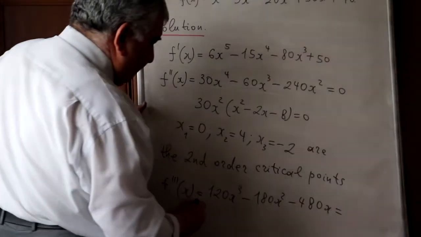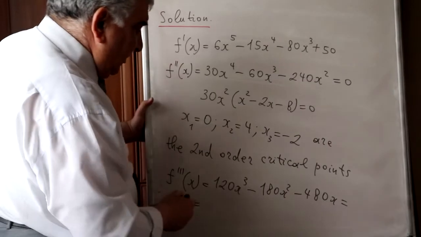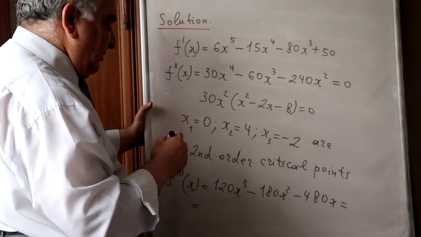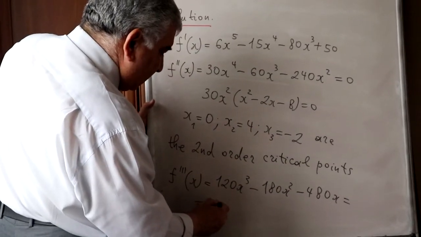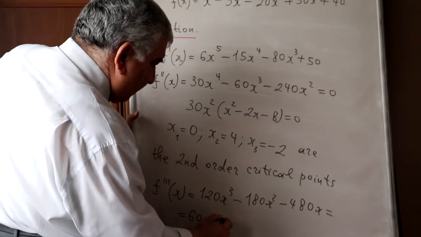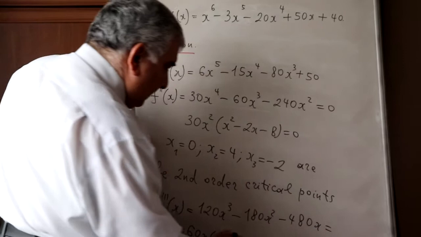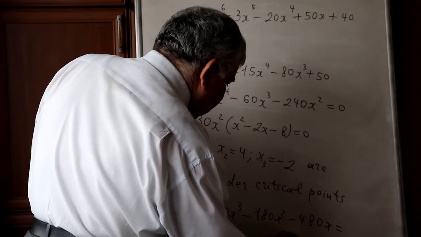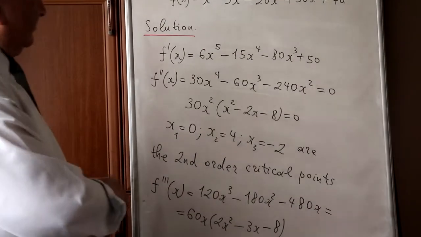For comfortable calculation, here we can take 60x out of the parentheses. 60x multiplied by 2x squared minus 3x minus 8. Then continue.